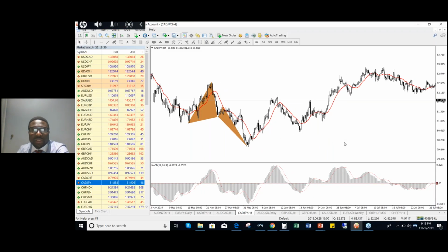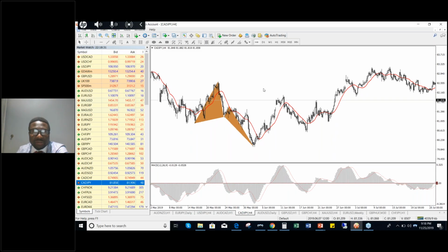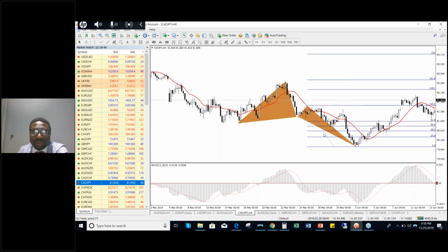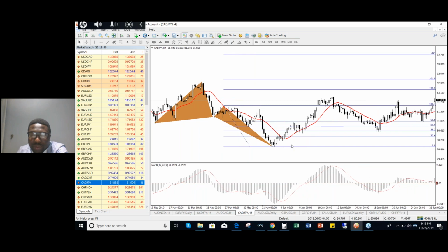All right, so with this established, I want to take my trade. I take my Fibonacci and I draw from this head down to this point. So my entry point, where will my entry point be? My entry point will be the first bullish engulfing above the simple moving average 14.